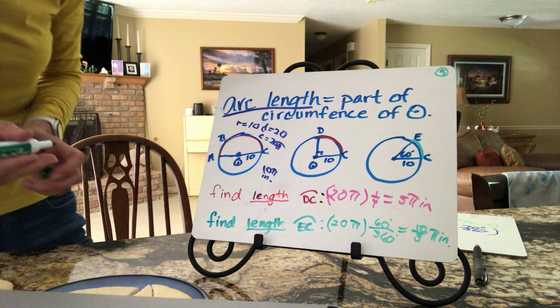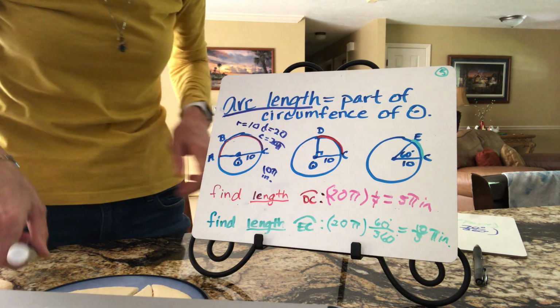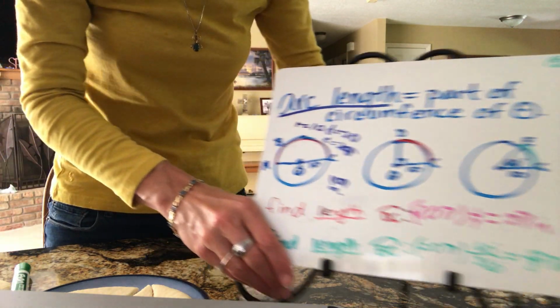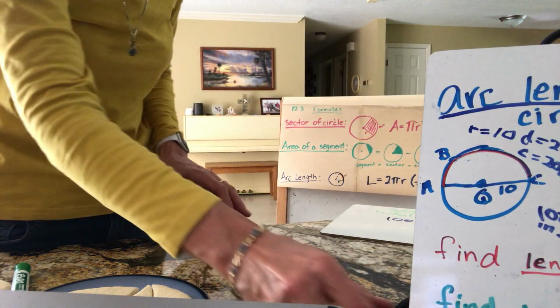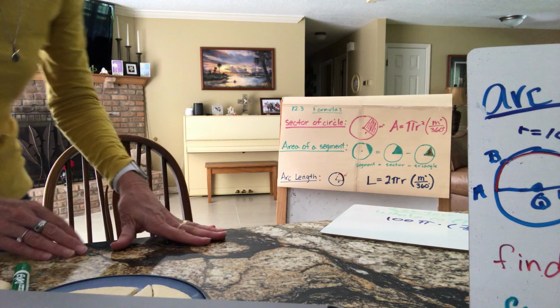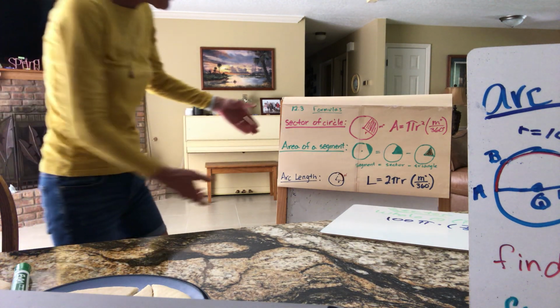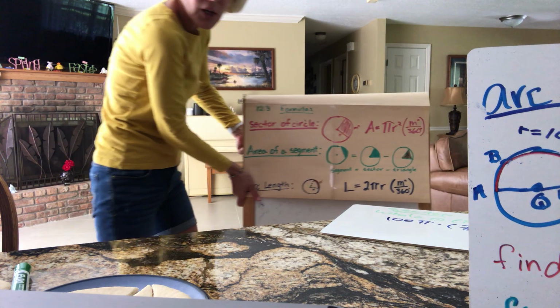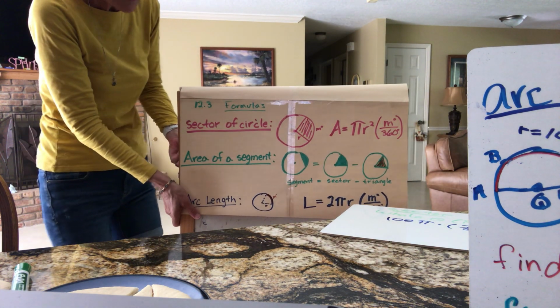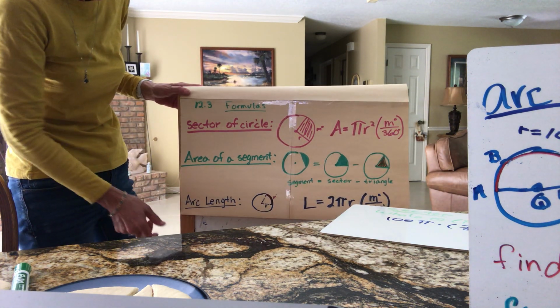Now we'll go through some more examples as we get to the reteaches here, but I do want you to put in your notes the formulas. And so I put the formulas on the sheet here, okay, and that's basically what we were just looking at. The formulas are the big thing in 12.3.